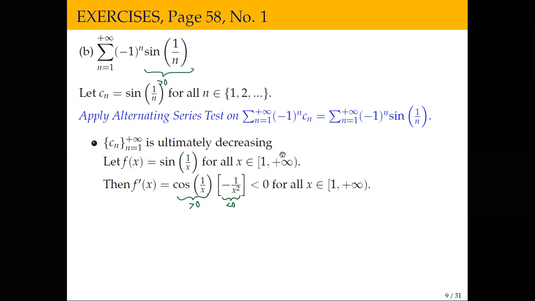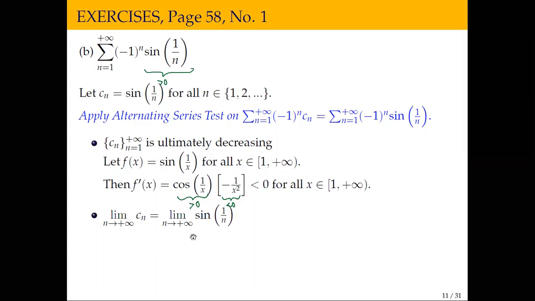So that is for the first part of the alternating series test. For the second part, we have to verify whether the limit of c sub n as n goes to positive infinity is equal to 0. C sub n here is sine of 1 over n, so this is just the limit of sine of 1 over n as n goes to positive infinity.